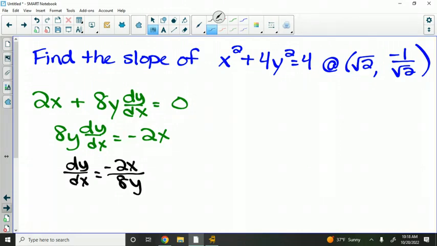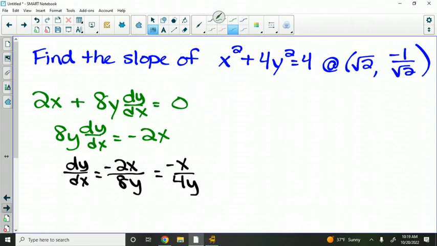Well, they gave us a specific moment in time. Now, just because maybe this might be a non-calculator question and I want to make life easier, I'm going to simplify that derivative before I plug in my point. So I'm going to make this negative x over 4y first. And then we'll plug in the point.